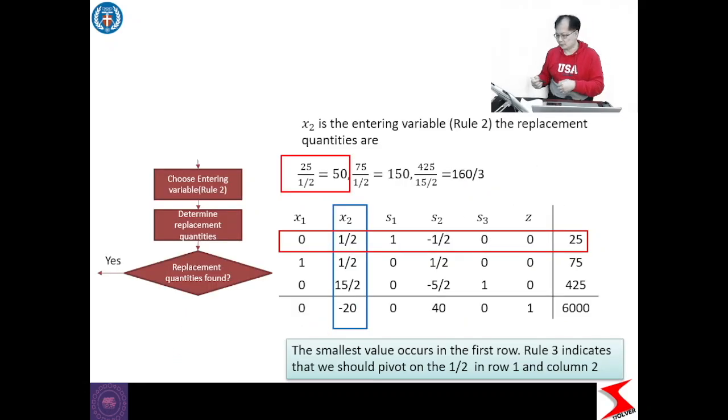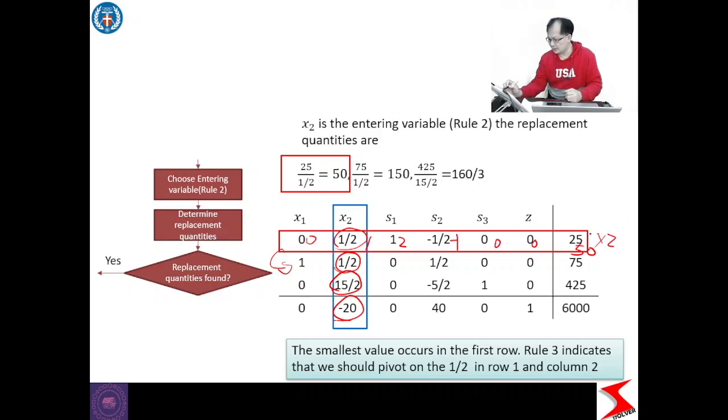Okay, the first thing is we need to make this number become 1, because here 1/2 needs to become 1. So we multiply the entire row by 2, right? So here becomes 0, here becomes 1, here becomes 2, here becomes -1, 0, 0, 50, right? And next, we try to make this number become 0, and this number become 0, and this number become 0.